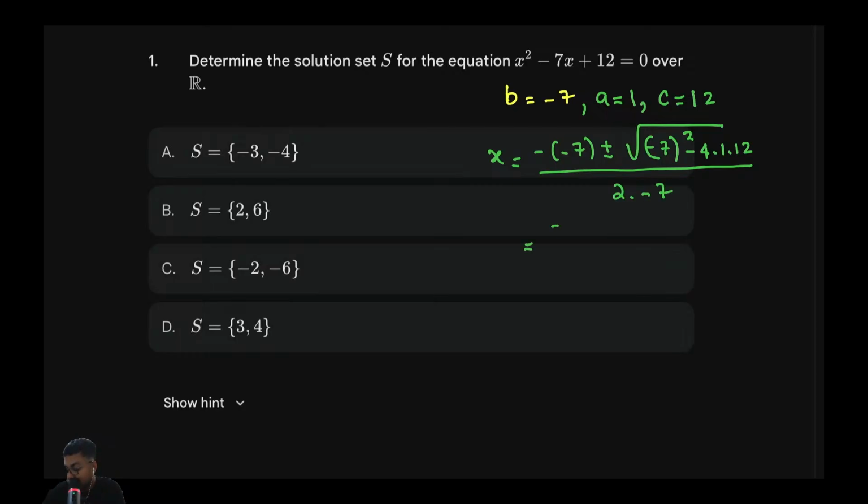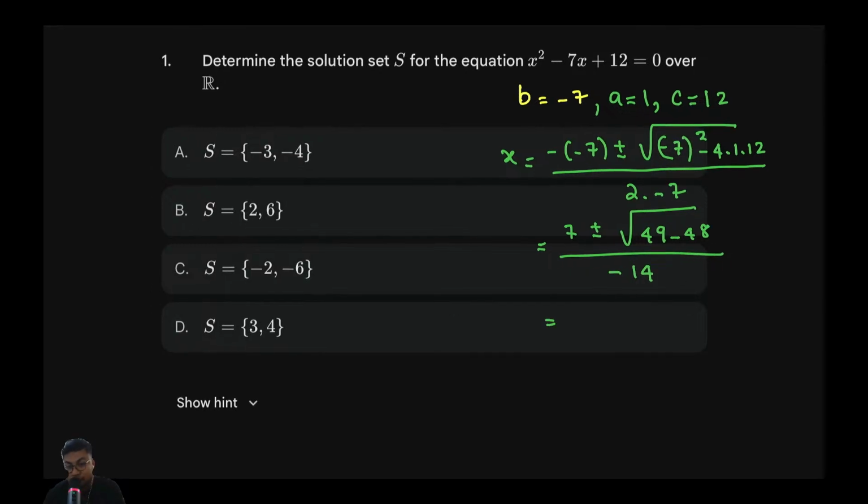So that's going to be 7 plus or minus square root of 49 minus 48 over negative 14. Right? 4 times 12 should be 48. So then here it's going to be 7 plus or minus 1.